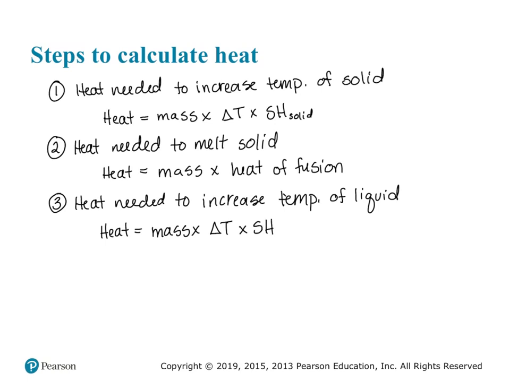But this time we're going to use the specific heat of the liquid, and the temperature change might be different as well. Now let's say we have our liquid and we increase its temperature to the boiling point, and we want to determine how much heat is needed to boil the liquid.